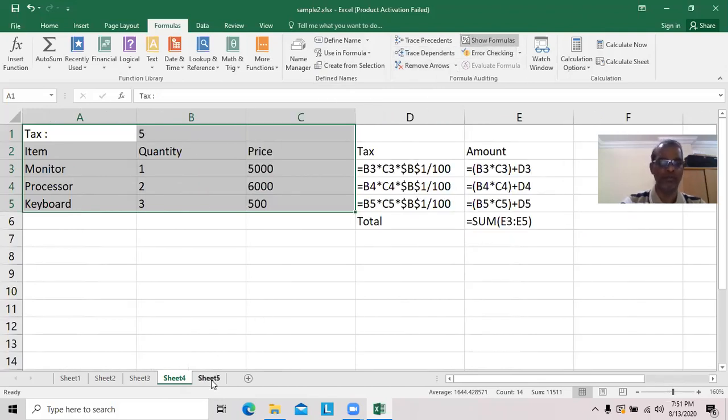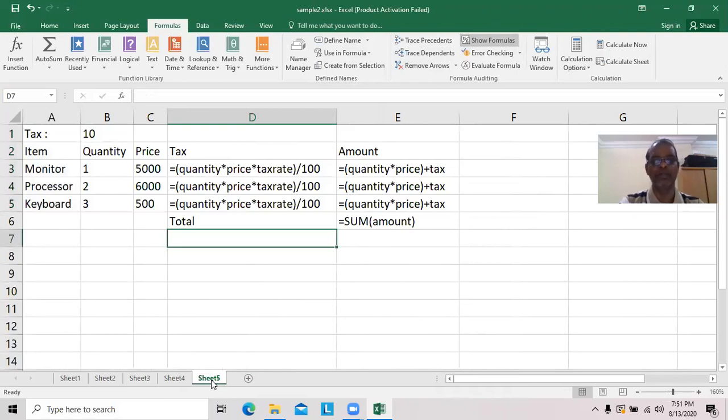Same thing we prepared here with the help of named cells as well as named cell ranges. A named cell is giving a new name to one particular cell. A named cell range is giving one new name to a collection or set of cells. After giving the name, we can access the values with the help of named cells as well as named cell ranges. That is what we studied today.